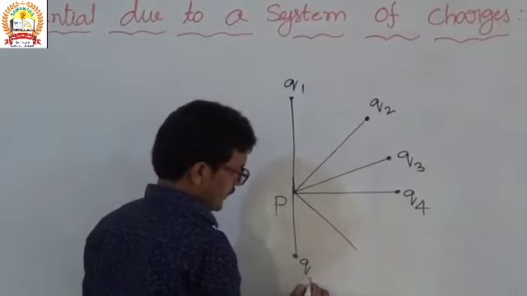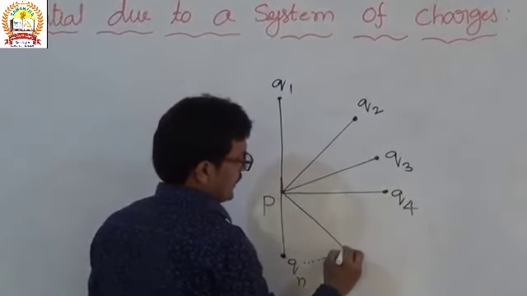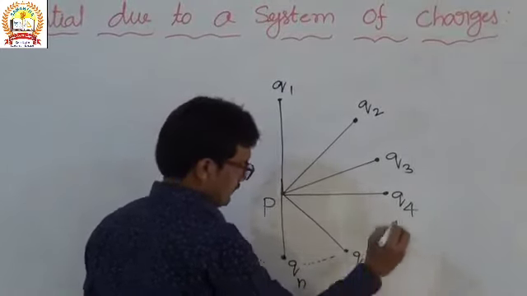We consider here the Qn. Here the charge is Q5.